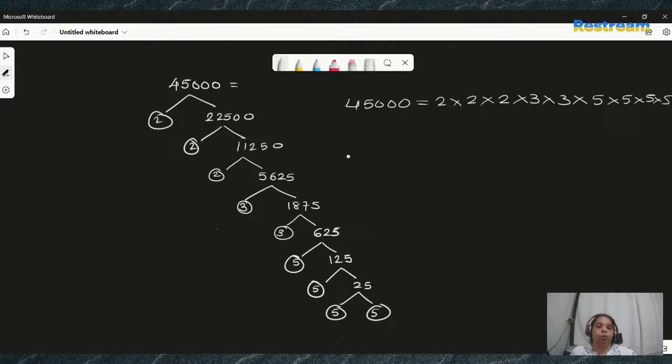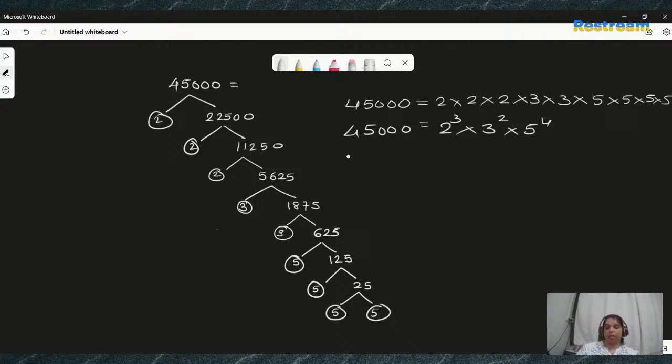So much space. So much air is wasted. Yeah, so it is 2 raised to 3 into 3 raised to 2 into 5 raised to 4. So short, sweet, and simple. So this is how 45,000 can be represented in index form.